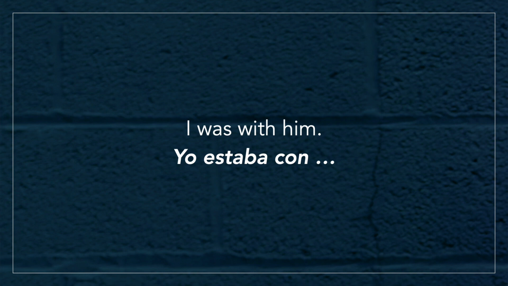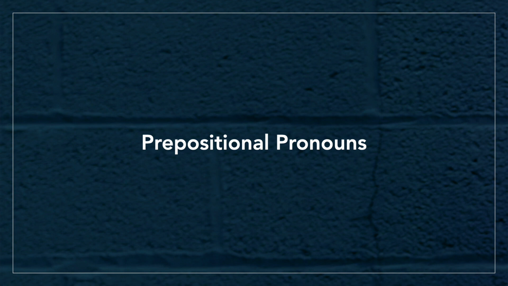It turns out that there's a whole category for pronouns that are put right after a preposition. They're called prepositional pronouns. So all of our prepositions, con, de, para, por, and so on, can be followed by any kind of normal noun in general, such as en la casa, con el chico, por mi amigo, and so on.